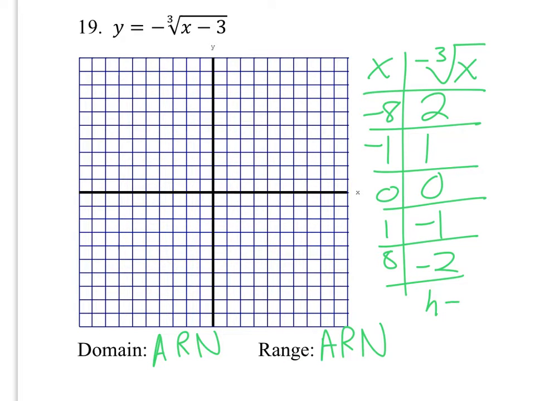H is a positive 3. So I'll X those points in, so negative 8, 2, negative 1, 1, 0, 0, 1, 1. Notice those are always on a line. 8, negative 2. So those are going to get moved right 3. So that is actually going to pull this one again off the grid. It's going to be somewhere around there.